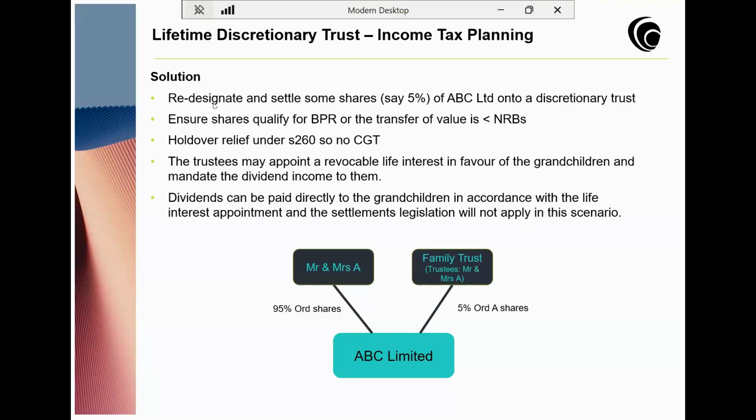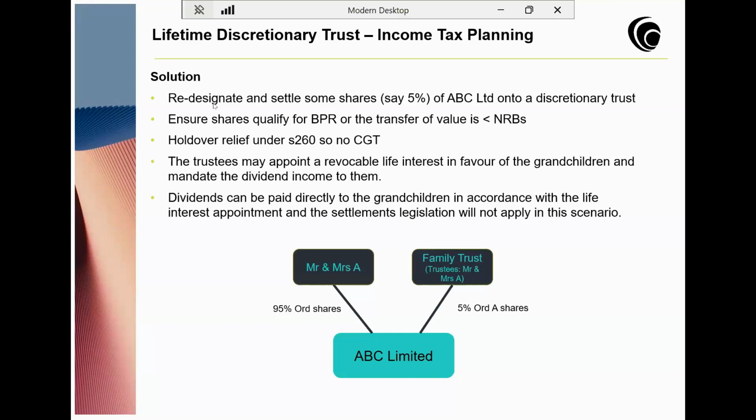So the children would have a present right to enjoy the dividend income on the ordinary A shares in my example, and those dividends would be mandated directly to them. Okay, and that means that the grandchildren would receive directly dividend income and be taxable on that accordingly.